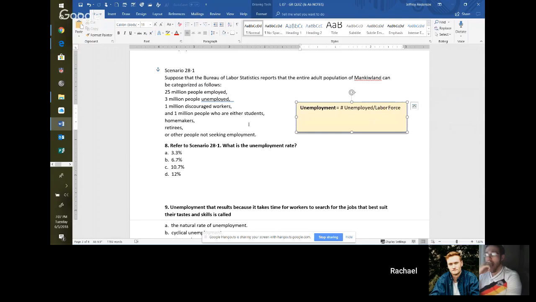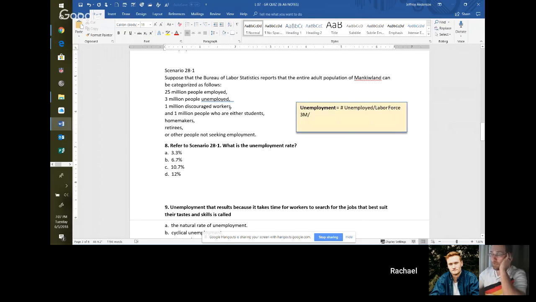Right. Okay, so the unemployment rate here, we take the number of unemployed. That's our formula right here. We're going to take the number of unemployed, which is 3 million, and then we divide it by the total labor force. Right. So discouraged workers don't count, and all of this little cluster of people don't count. So we're only counting these guys. That's the same number. 28.